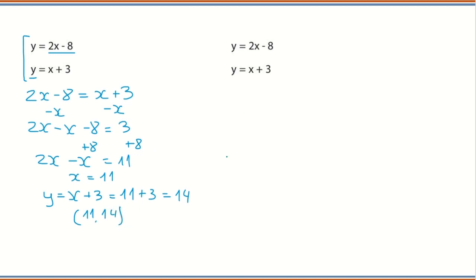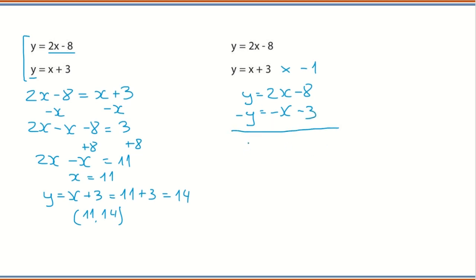Now I'm going to solve it again, but now I'm going to use the method of elimination. The variables are lining up, and I'm going to multiply this by minus 1. The first one is this, and the second one I need to change the sign, and I can add them together.